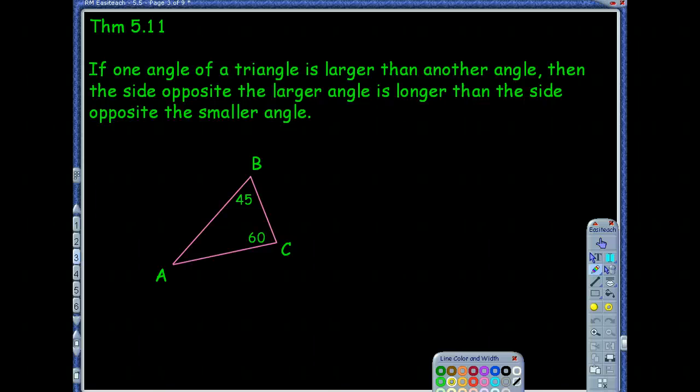If you have an angle in a triangle that is larger than another angle, in this case, we can see that angle C is obviously larger than angle B. Then what can we conclude? It says the side opposite the larger angle, which would be side AB.